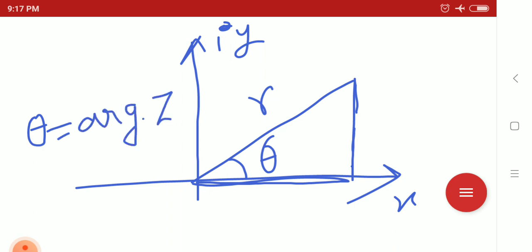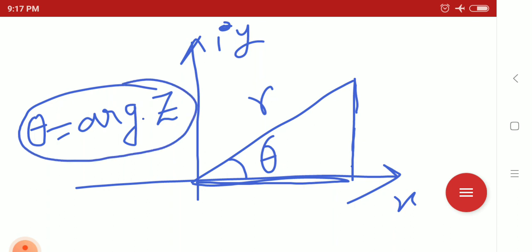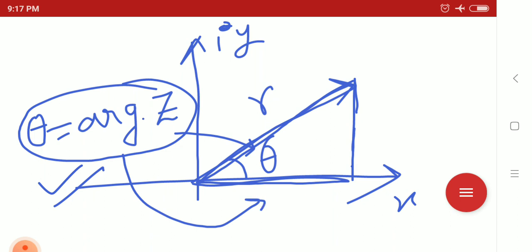Arg z is the angle made by the complex number, the position coordinate of the complex number, with the real axis. Here it is the real axis, and the complex number is making an angle theta with respect to the real axis. That is known as arg z, argument of z.